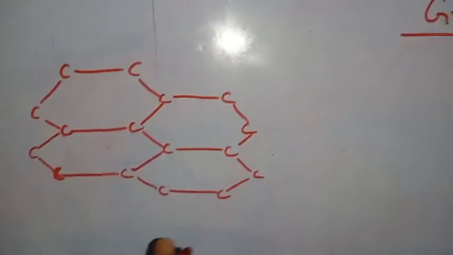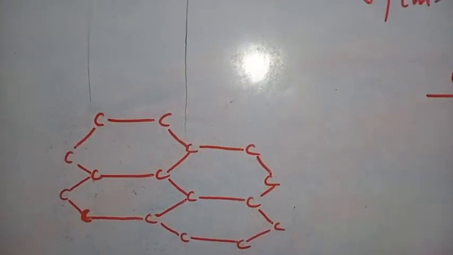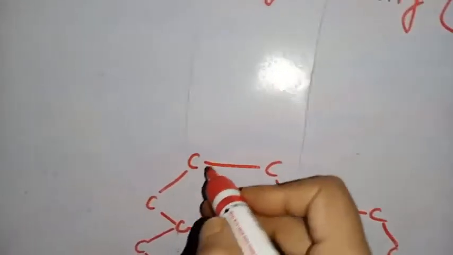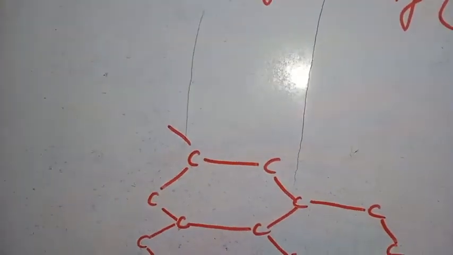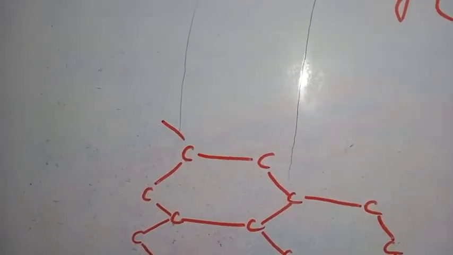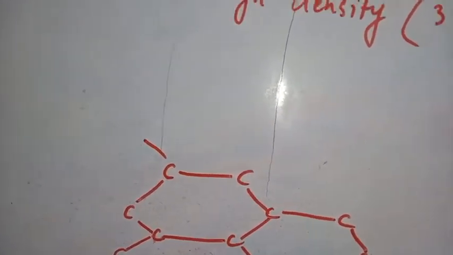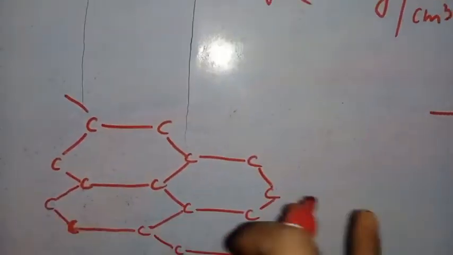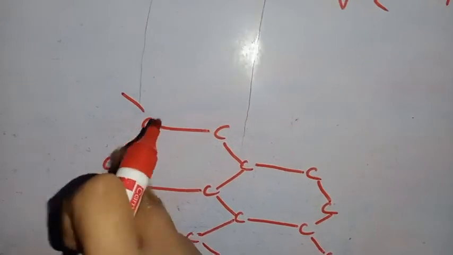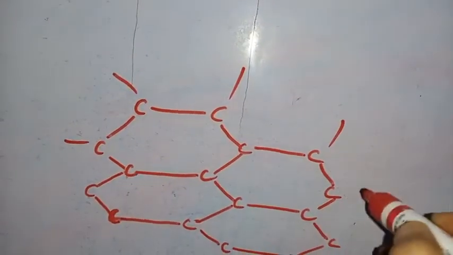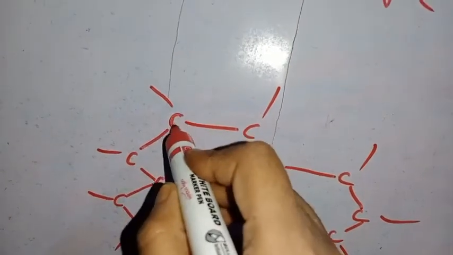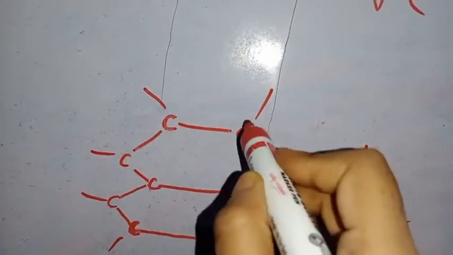So I have made here the one layer of carbon atoms, where you can see in graphite each carbon atom is bonded to three other carbon atoms in the same plane.